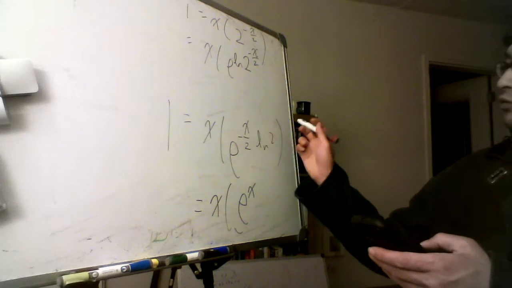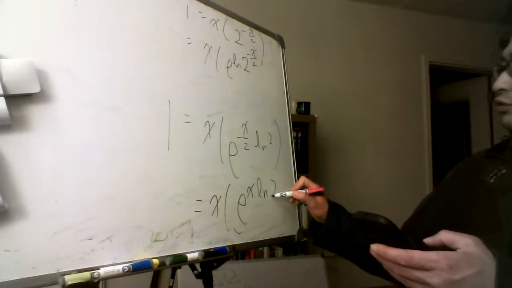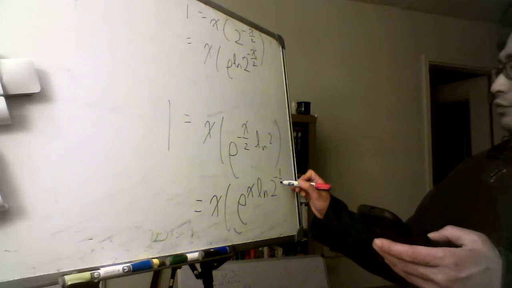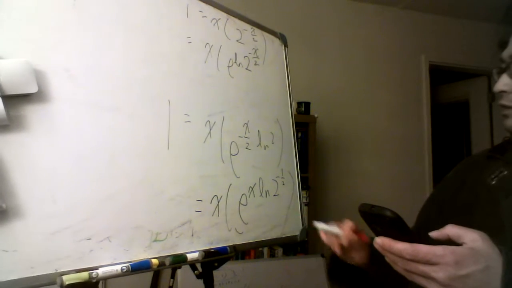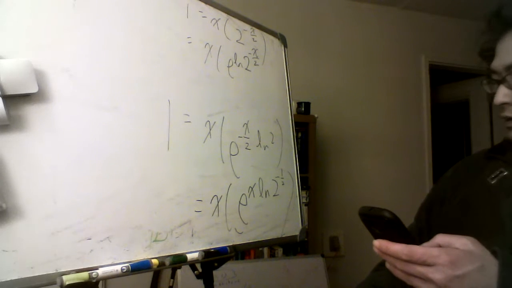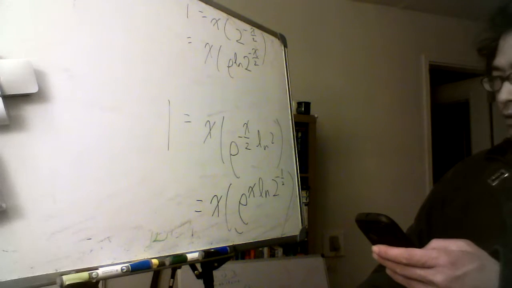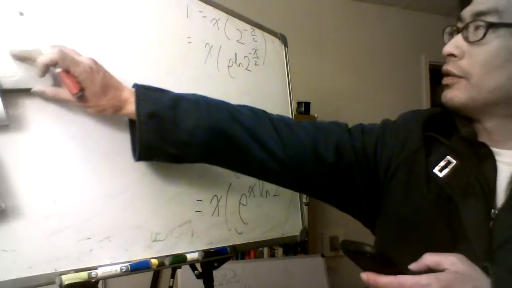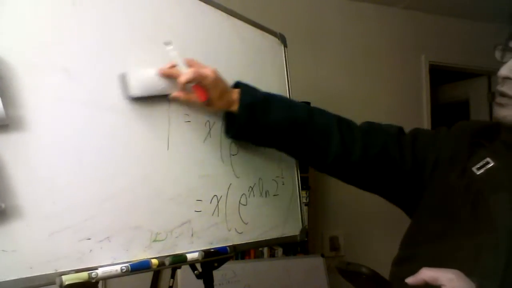We revert back to this ln 2, so ln 2 to the minus 1 over 2. We are sending this minus 1 over 2 back there. He's asking me too much.